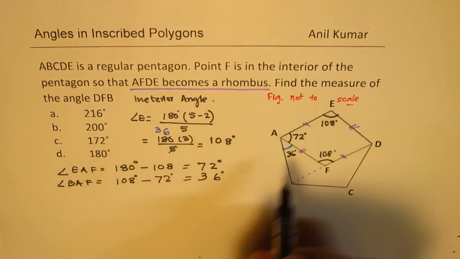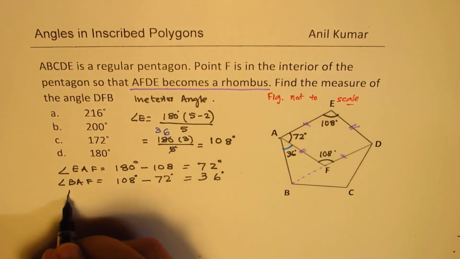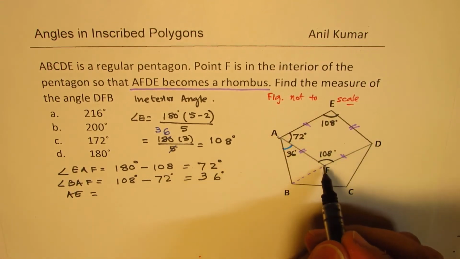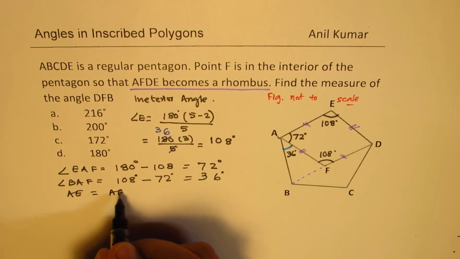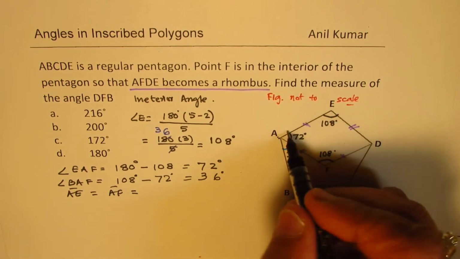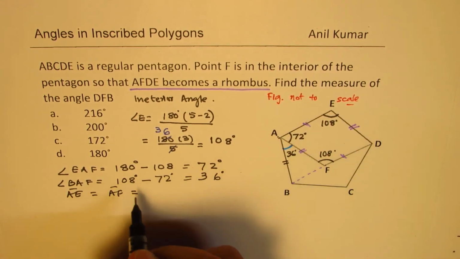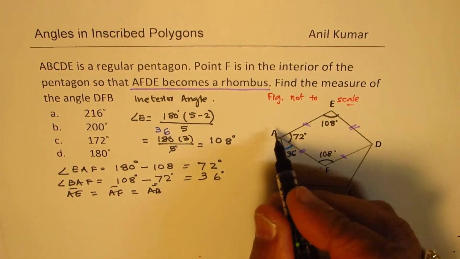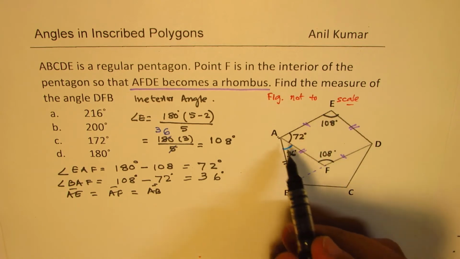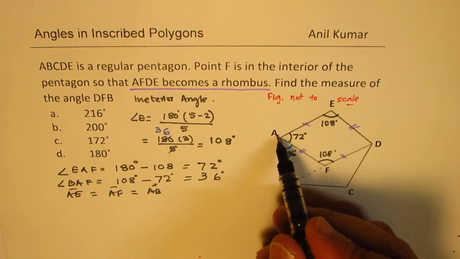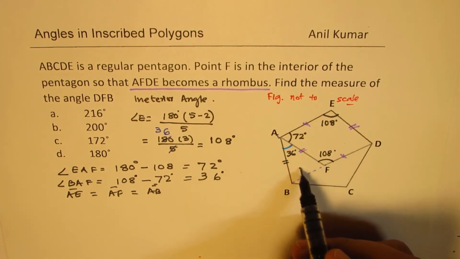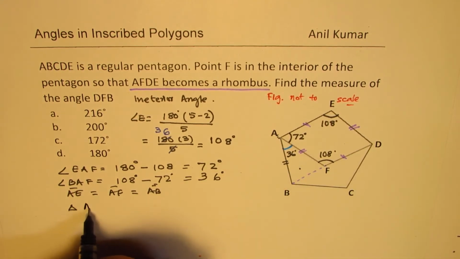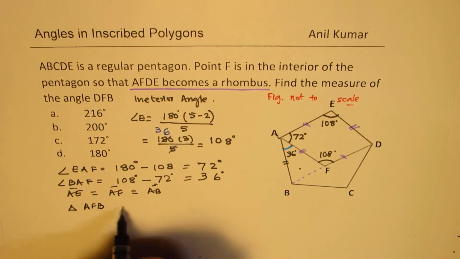Now you will notice that AE is actually equal to AF because it's a rhombus, right? And AE should also be equal to AB since it's a regular pentagon. Now since AF and AB are equal, the triangle here which we are looking at, which is AFB, is isosceles.